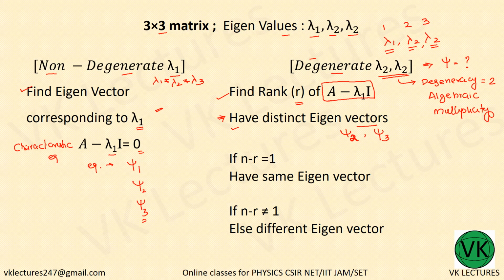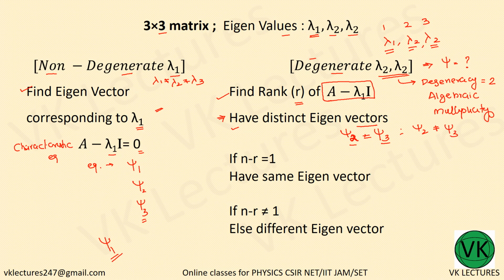Psi 1 we will get from the non-degenerate eigenvalue, because lambda 1 is non-degenerate, lambda 2 and lambda 3 are degenerate, they are equal. So to find out psi 2 and psi 3, we want to know whether psi 2 equals psi 3 or psi 2 does not equal psi 3. This is what we want to know.